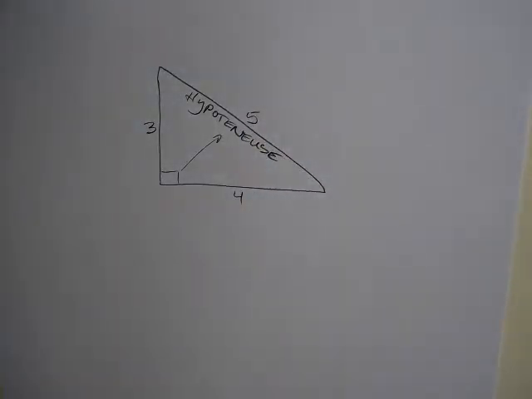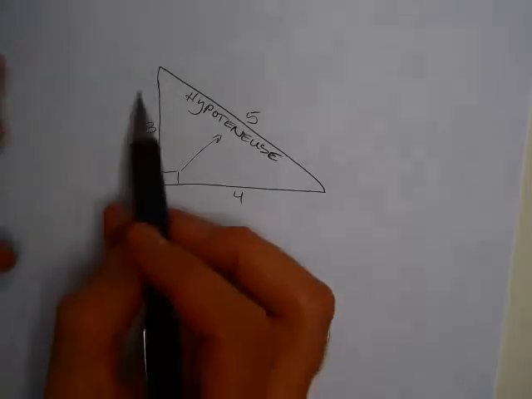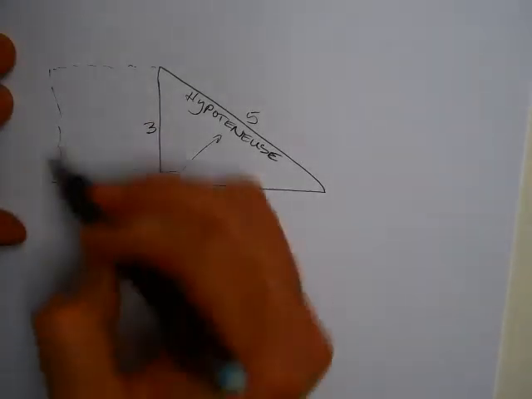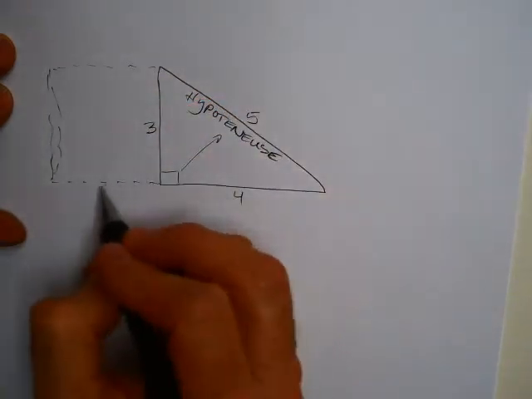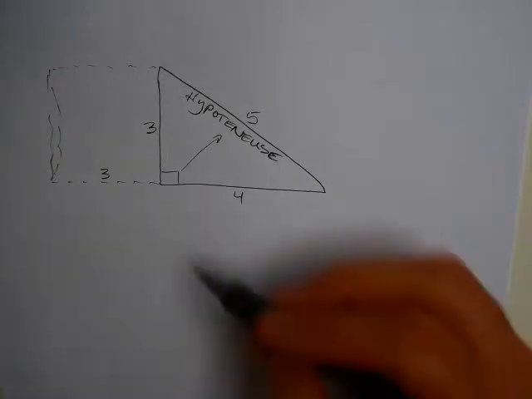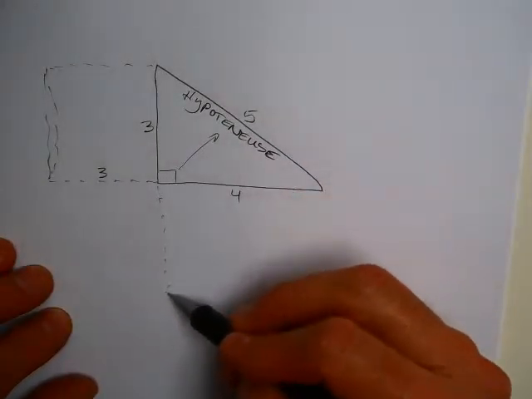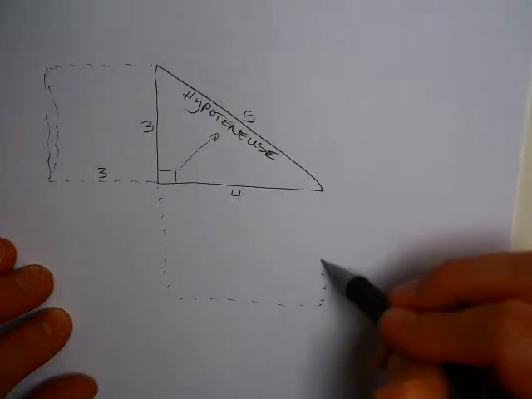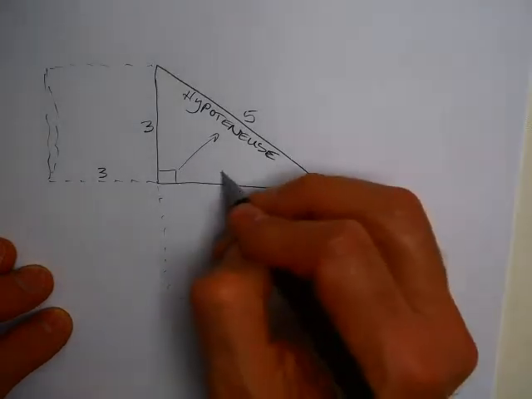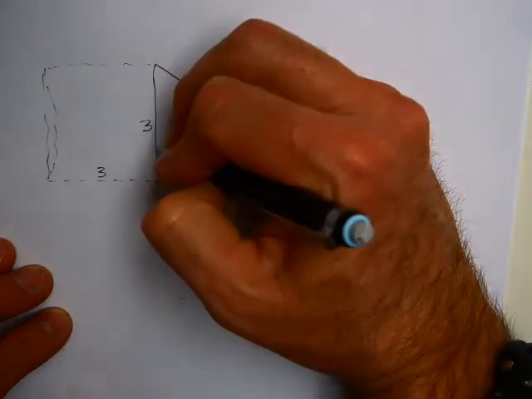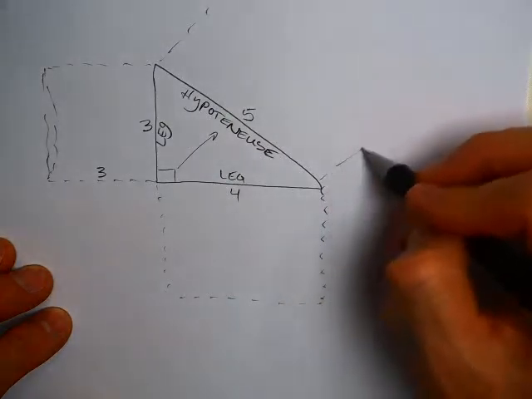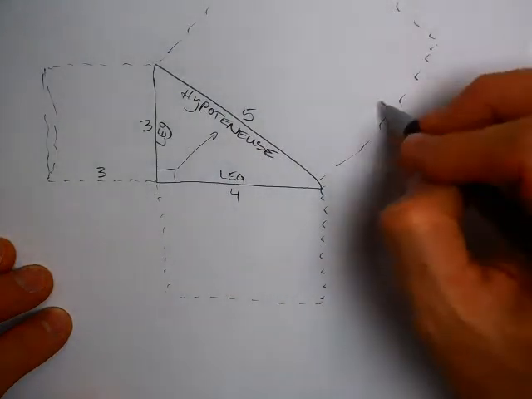He got to playing with the numbers, and what he noticed is that if he built a box out of the leg of the short side, a perfect square, 3 by 3, and then built a perfect square off the leg of the longer side, these are legs by the way, if they're not the hypotenuse, they're legs. And then he built a perfect square off of the 5.